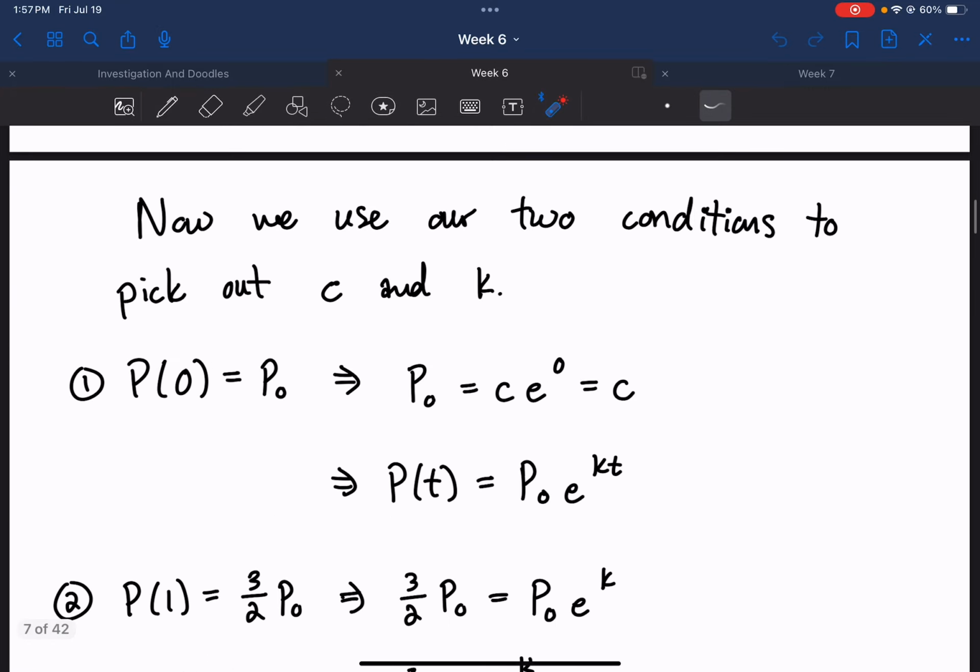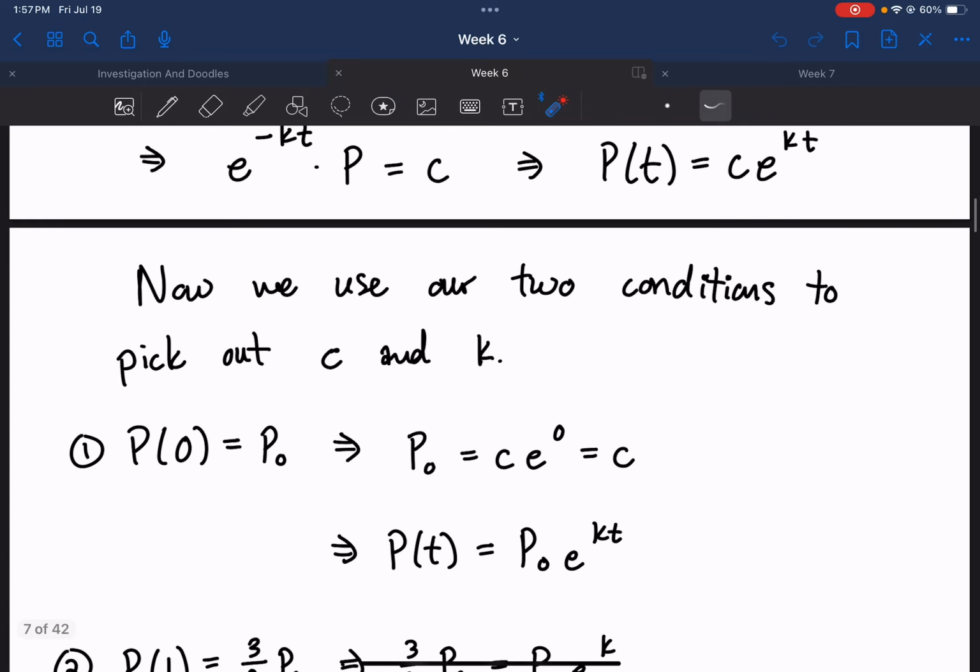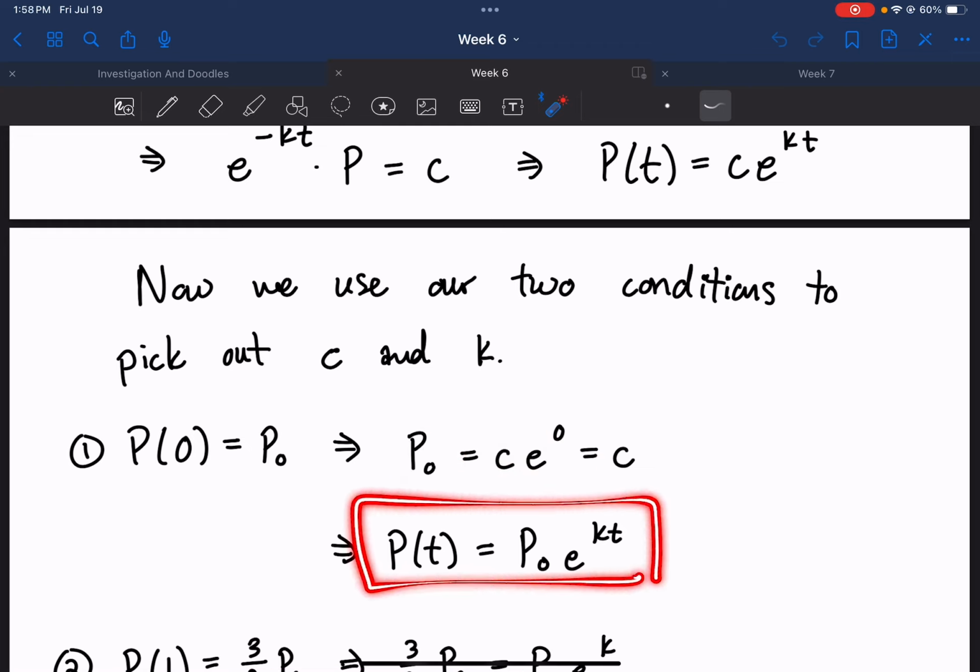So P(0) equals P0 is the easy one. Plugging P(0) into this expression gives C: P0 equals C times e to the 0, which is just C. So C equals P0. That means my expression for P(t) has been updated to P0 e to the kt.